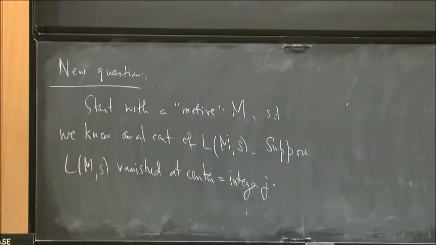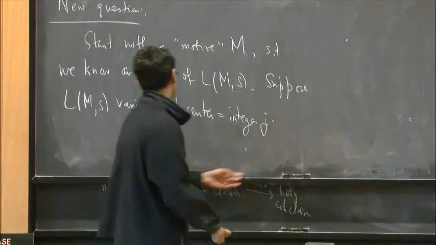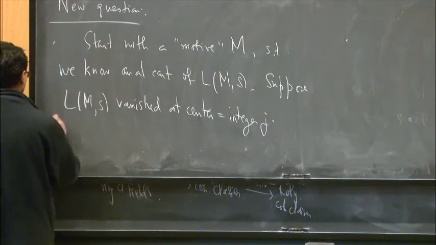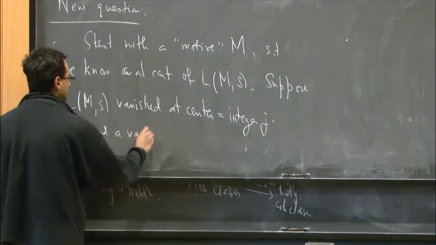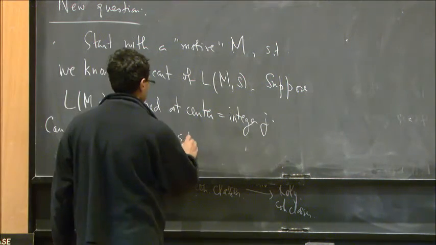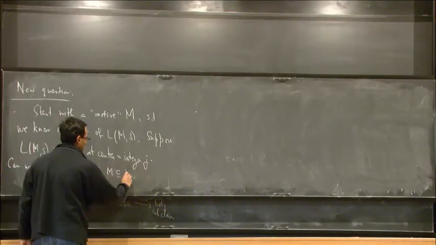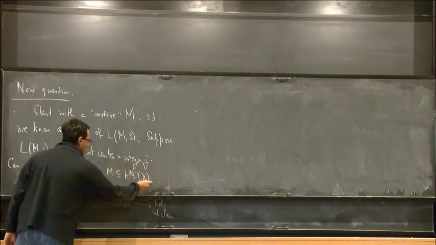Okay. Then a vague question you can ask is, can I realize M? So can we find a variety X over a number field such that M is contained in H^(2j-1) of X?